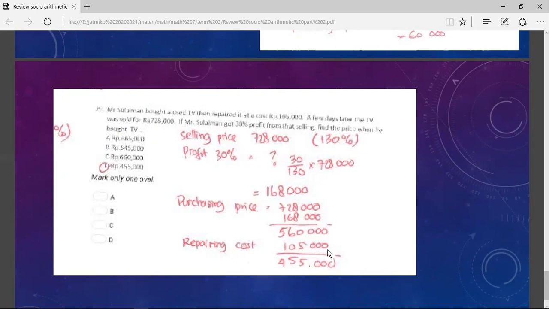It means the real price for that old TV is 455,000. We need to subtract the reparation cost from the total purchasing price.